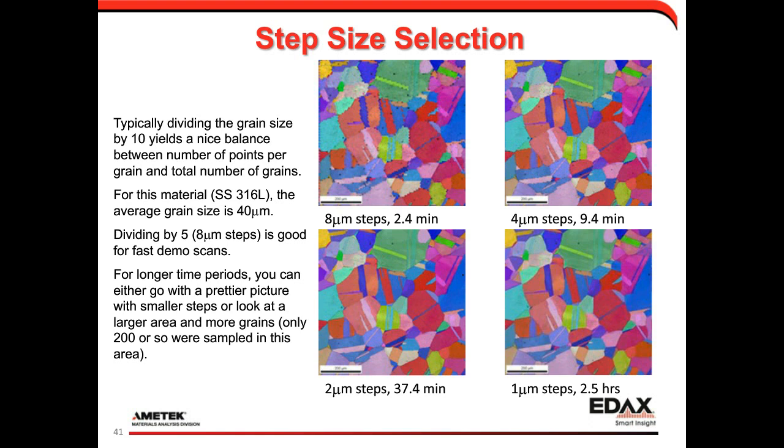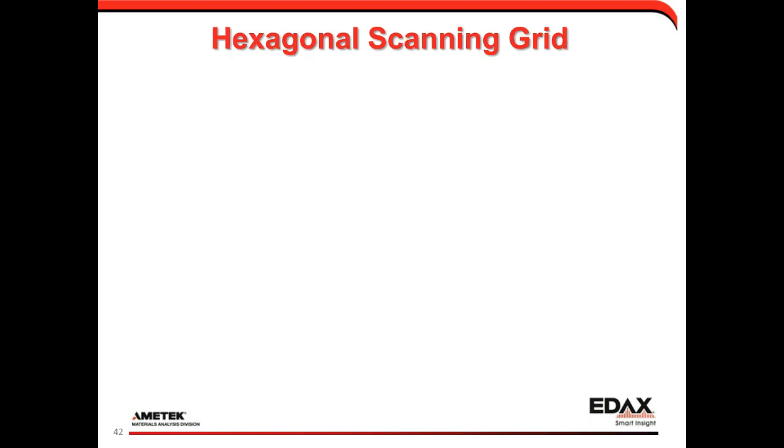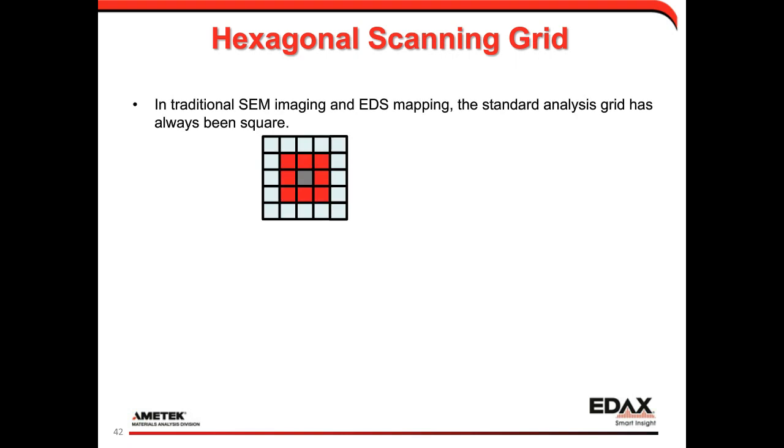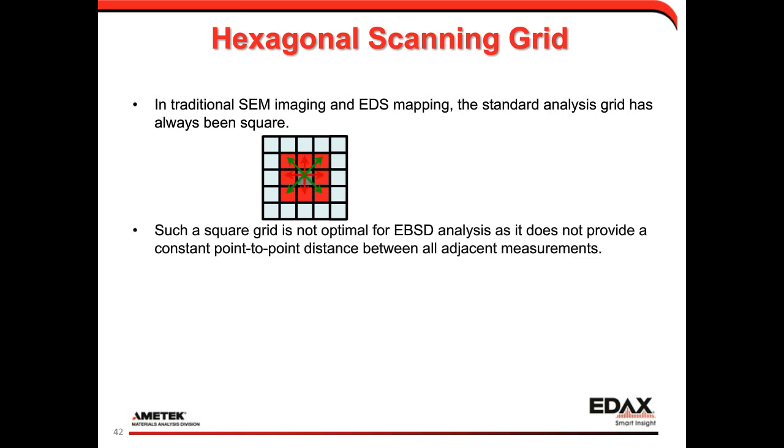And the other thing to keep in mind here, which I said I would talk about, is the hex grid system. Again, in traditional SEM imaging and EDS mapping, people use a square. The issue here is that a square grid is not optimal for EBSD work because it does not provide constant point-to-point distributions between your center points. So if I'm looking at grain boundaries and things like that, I'm always going to have basically an artifact based on the square grid because of that.